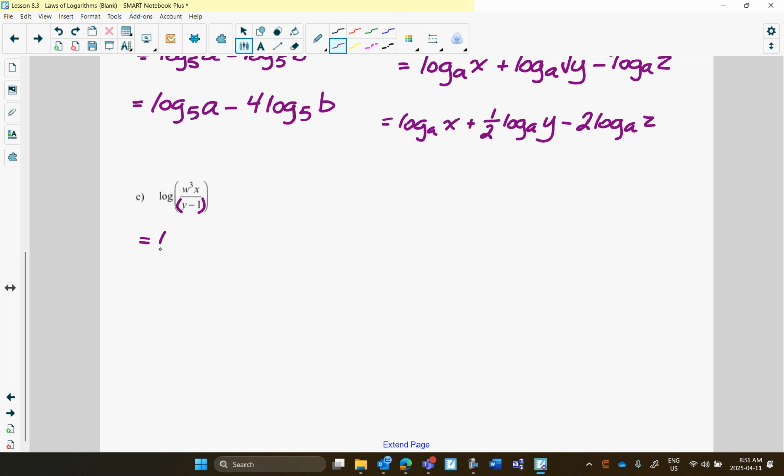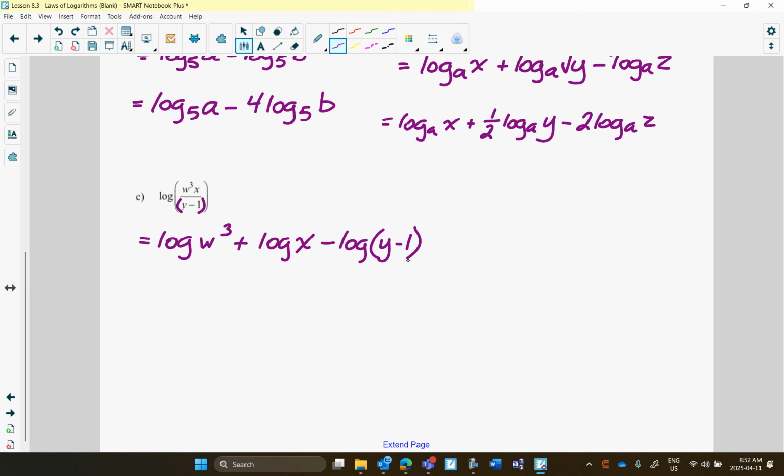It's going to be log base 10 of w to the third, plus log x, and then minus log y minus 1. How do I make sure that y minus 1 stays together? Parentheses.